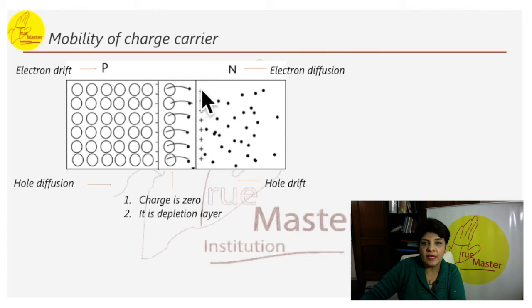So here this becomes the depletion layer. The charge is zero here and it is called the depletion layer, which is going to form a potential barrier, negative and positive, on the two sides. So the potential barrier is formed here.